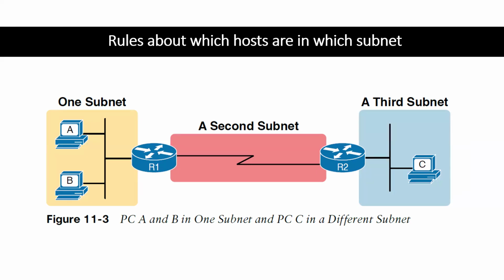Versus host A and host C, which will have addresses in different subnets because they are separated by at least one router. You want to think of subnets like a whole pizza.